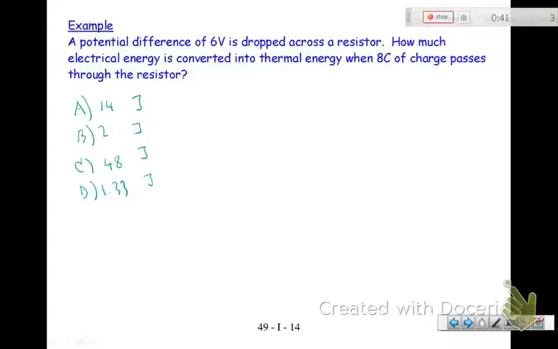So what's it going to be? What do you think? You've got 3 people.